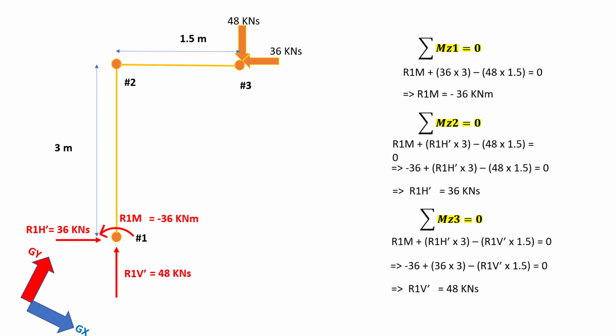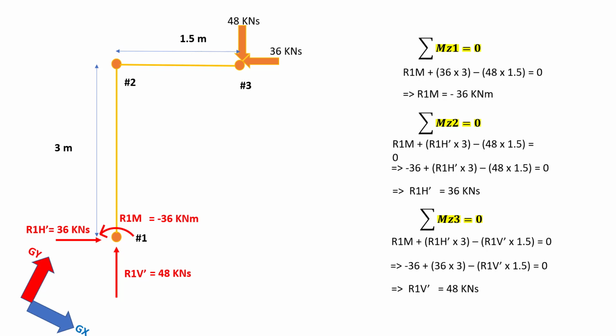Now, in this case, the way that we had solved the reactions is pretty interesting. We have taken the moments of all the forces about node number 1, node number 2, and node number 3 respectively, and the reactions that we have solved for are exactly the same as we had obtained with the equations sigma Fx equal to 0, sigma Fy equal to 0, and sigma Mz equal to 0.